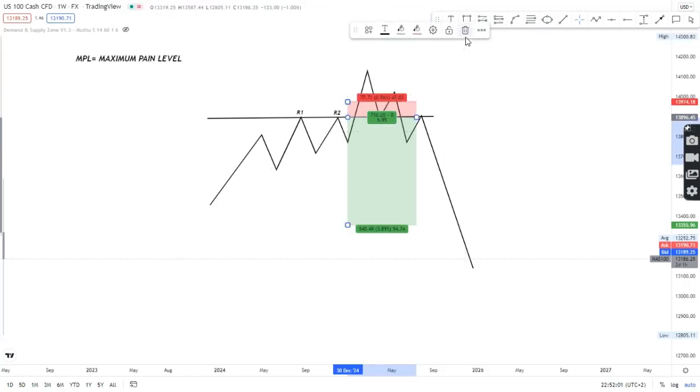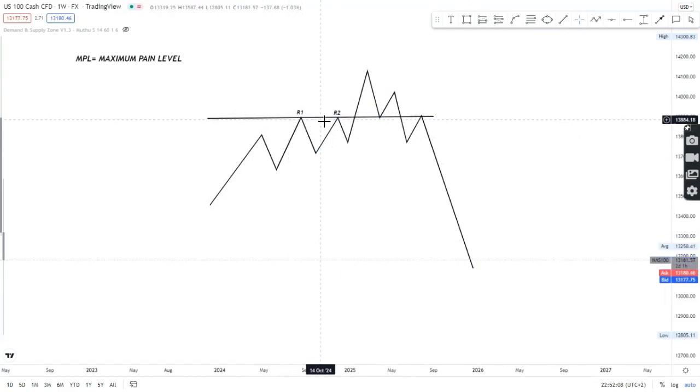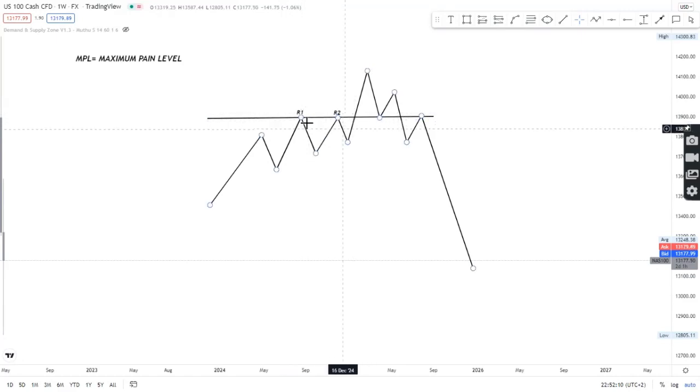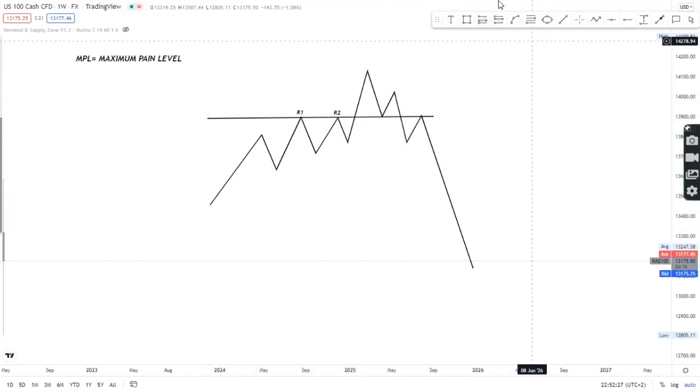That's one. Number two, according to support and resistance strategy, once resistance gets broken and it turns into support, people will try and buy this. They'll say resistance turned into support, therefore it's a good chance for us to buy.